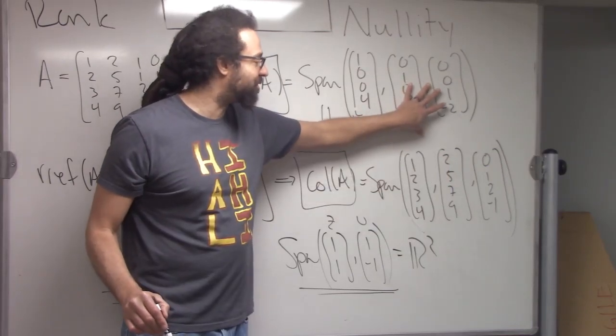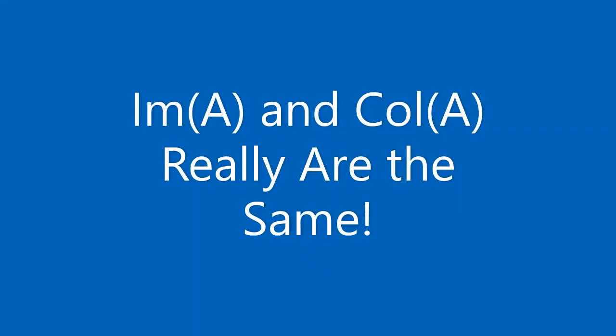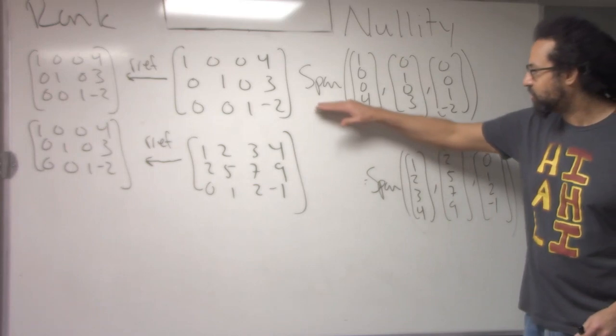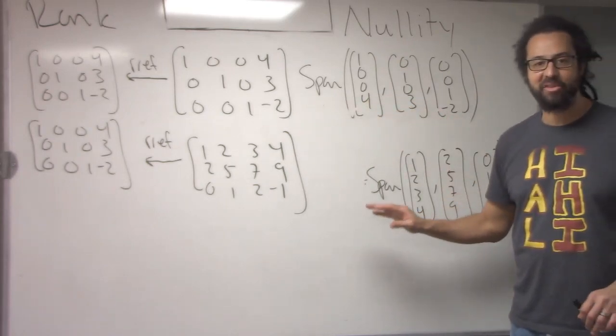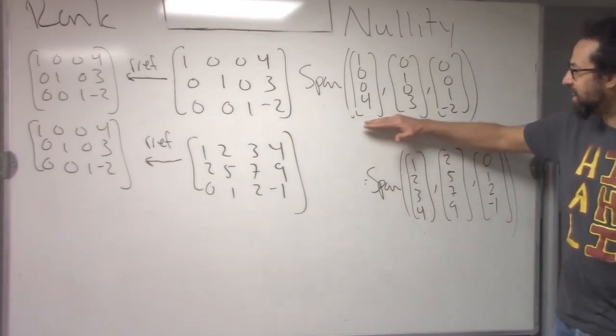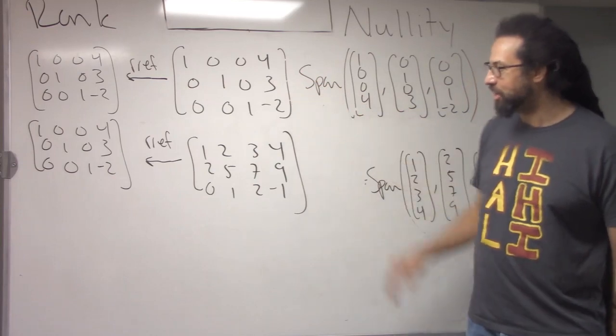So maybe we can show that really quick. Why are these two spanning sets equal? Just to see that these two sets of vectors span the same space, I'm going to take each one of these three vectors and arrange them as rows in a matrix.